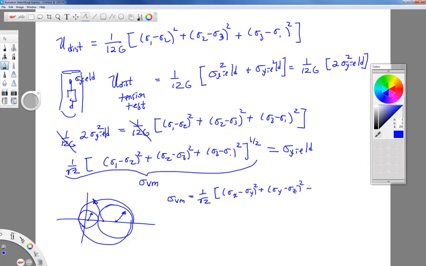And it doesn't matter if you reverse these by accident, if you're squaring both terms. But if you're not in the principal stress state, you have to include the shear terms. Of course, when you are in the principal stress state, the shear terms are 0.